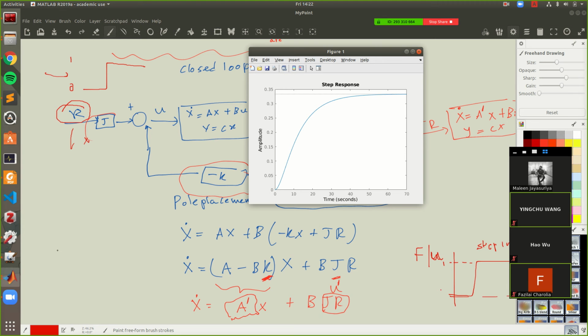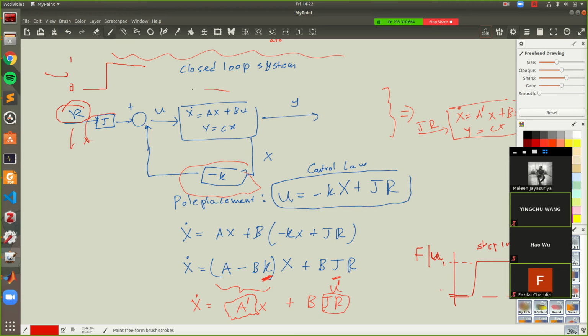Does that make sense? So we need to actually multiply the reference by a certain value. You can think of it as multiplying the reference by a certain value, or multiplying this entire system's response by a gain value, right?